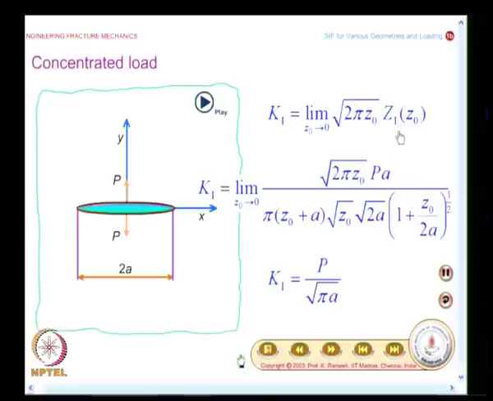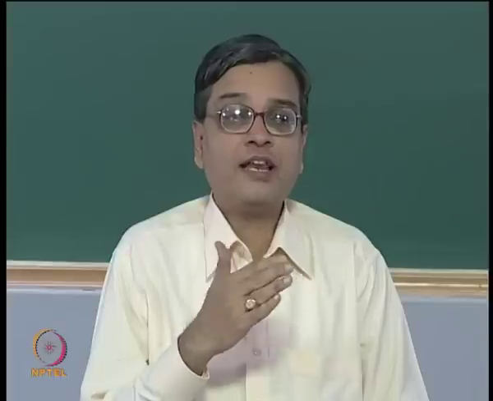And what is the advantage? If I have an analytical approach, I am able to get an expression for the value of the stress intensity factor. So, without doing much computation, by looking at that expression we could comment on what it tells you.